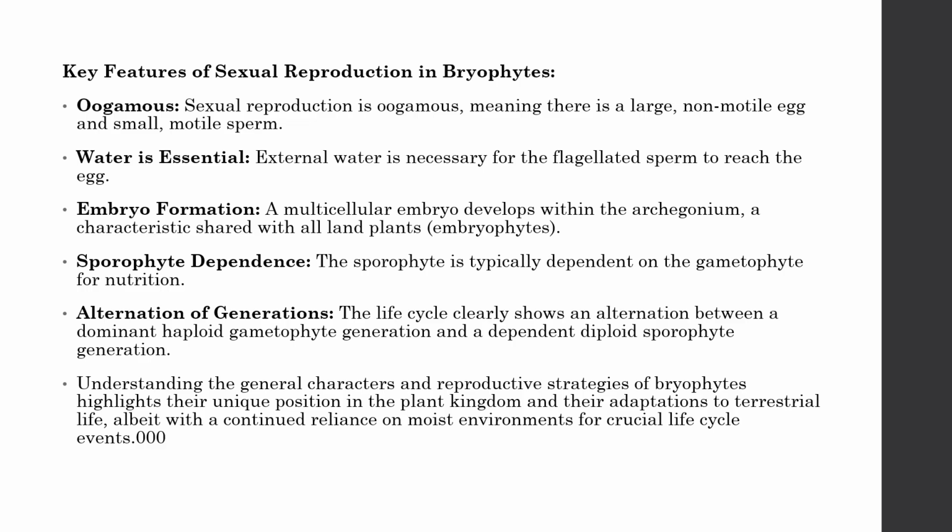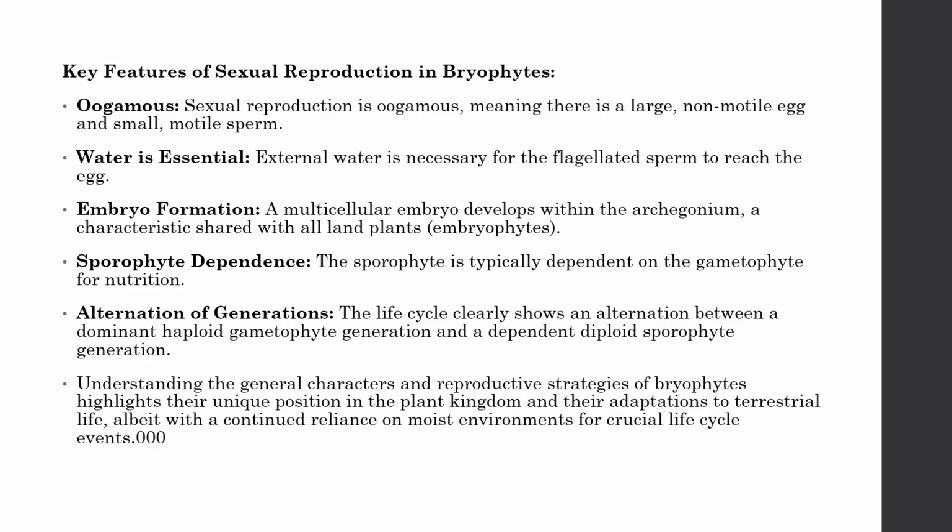And water plays an essential role, where the sperm has to reach the egg for fertilization, and the next stage is the fusion of the zygote and embryo formation. A multicellular embryo develops. The archegonium and these characteristics are shared with all land plants.